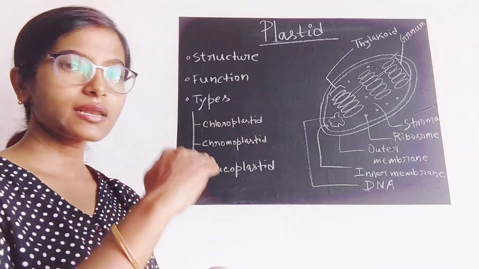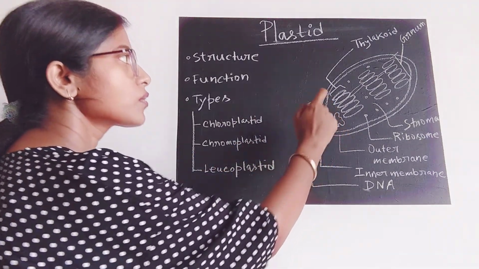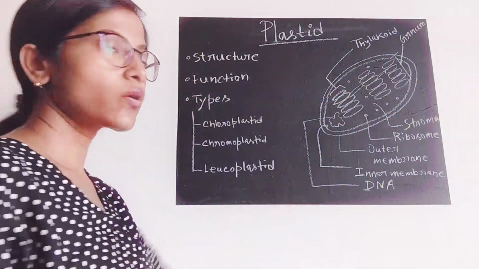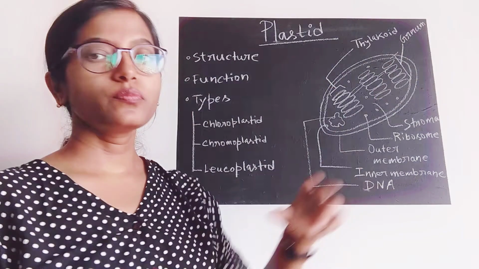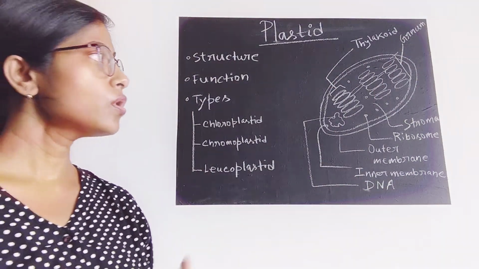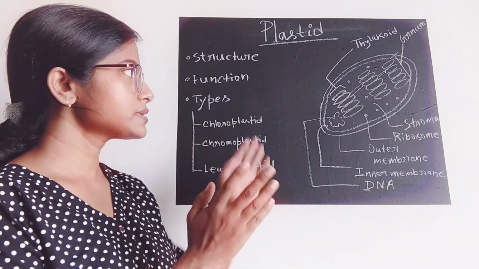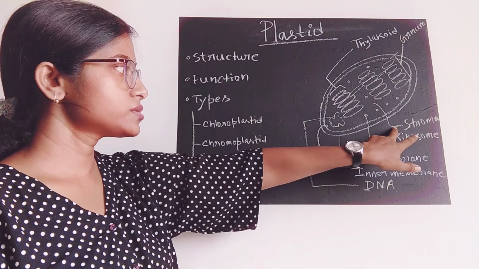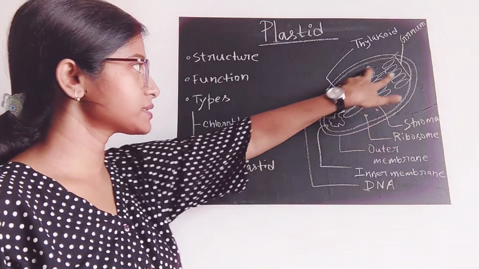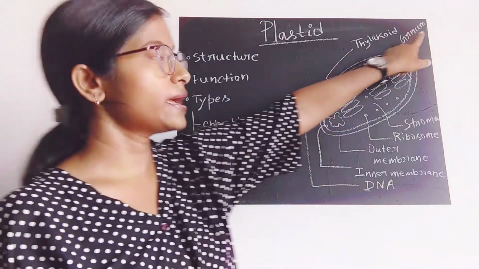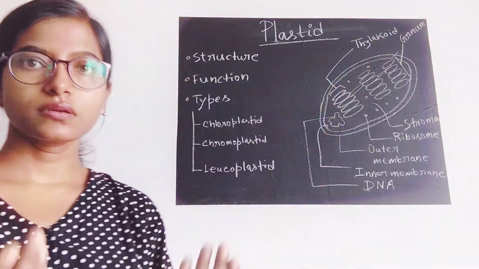These stack-like structures are called granum. In singular they are called granum, and in plural they are called grana. So what are the two main parts inside the plastid, or inside the inner membrane? There is stroma, the gel-like structure, and the stack-like structures which are called granum, or grana in plural.